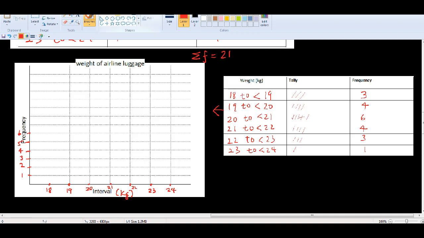The first bar will be 3, the second bar 4, the fourth 6, another 4, and that's 3, and that's 1. Okay, so the last one. Okay, 3, 4, 6, 4, 3, 1. Okay, well done. Okay, so that's it.